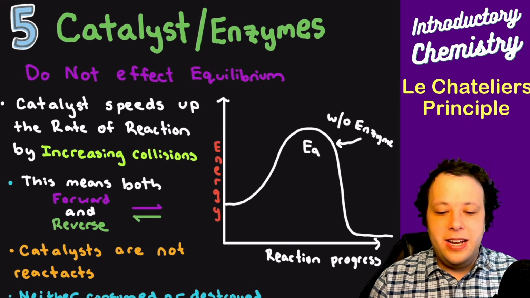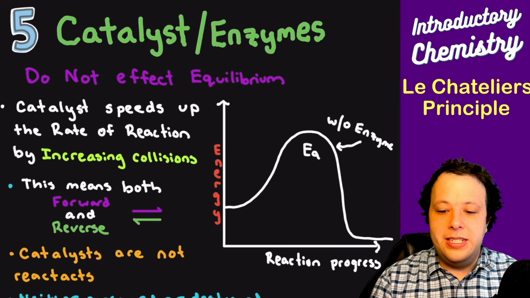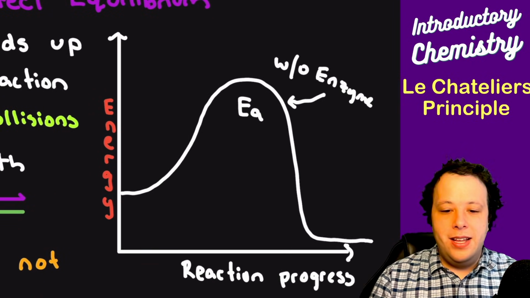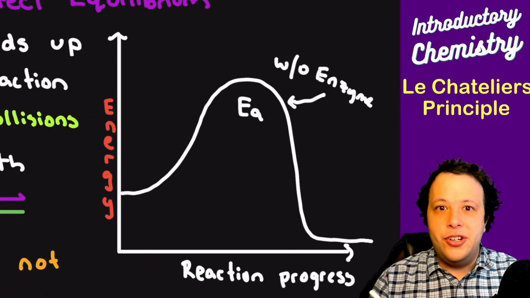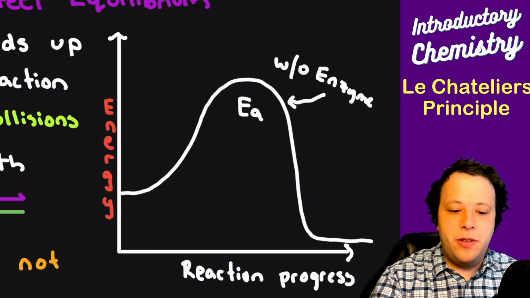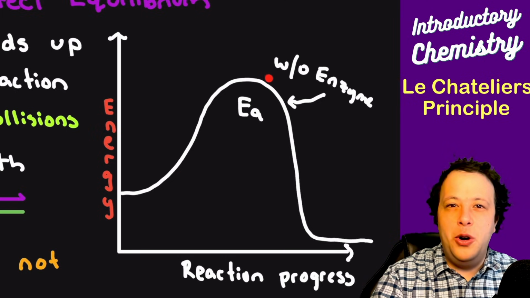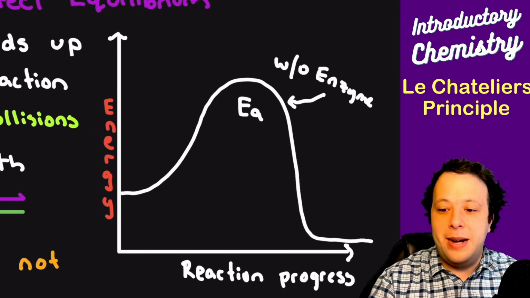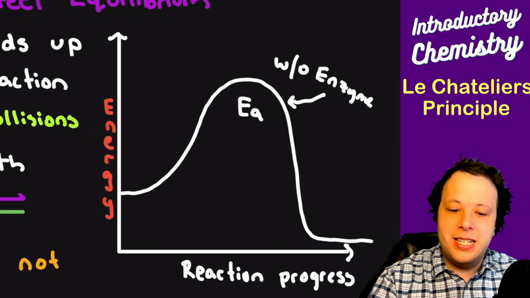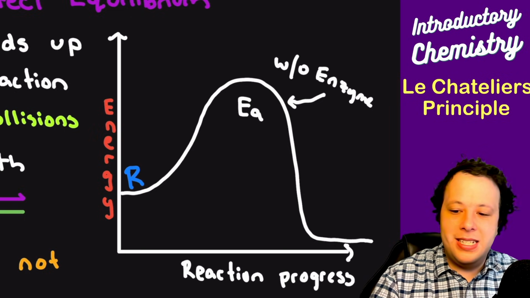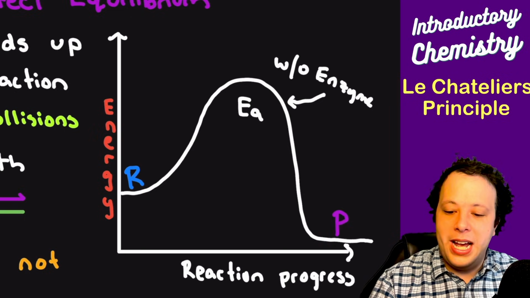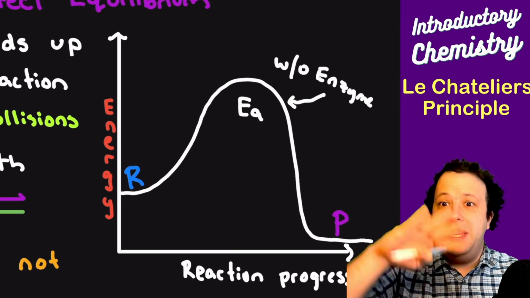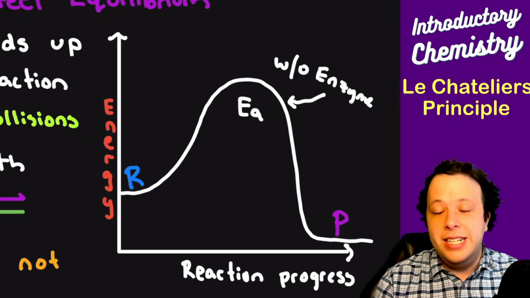Now, when we have, let's say, an enzyme, the whole idea is that when we have a reaction, there is an activation energy barrier for the reaction to go over in order for the reaction to happen. On the left-hand side, we have our reactants, and on the right-hand side, we have our products. That big hump or big hill is your barrier.